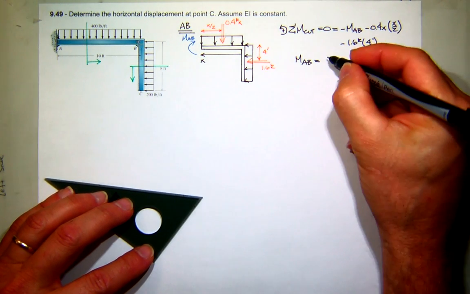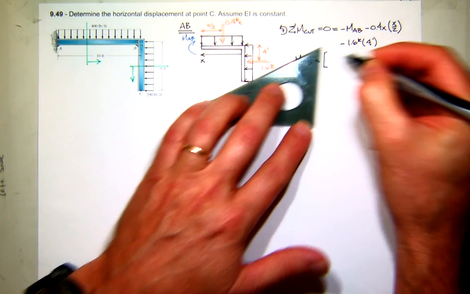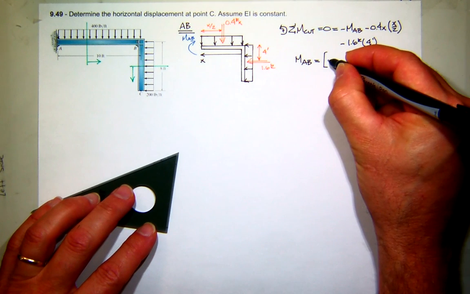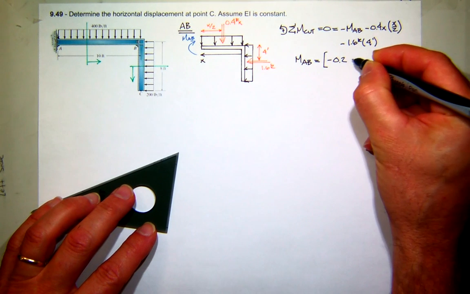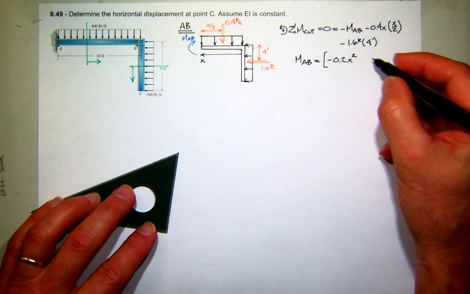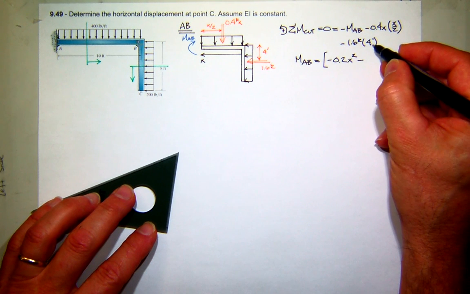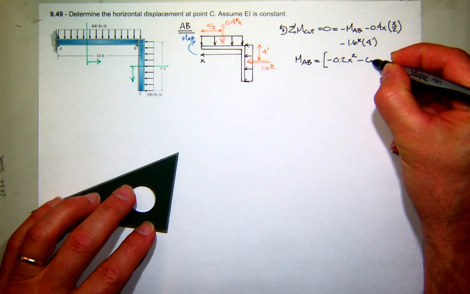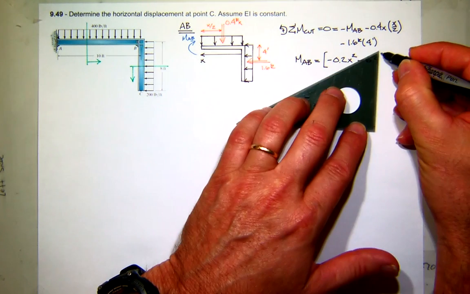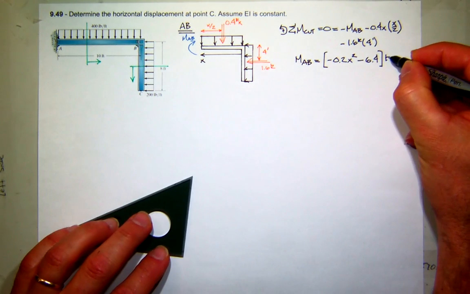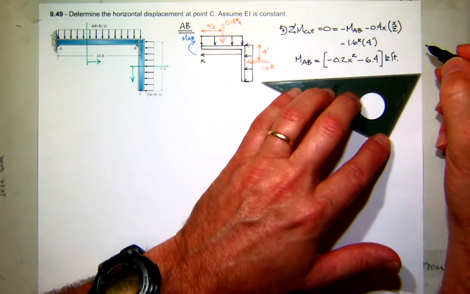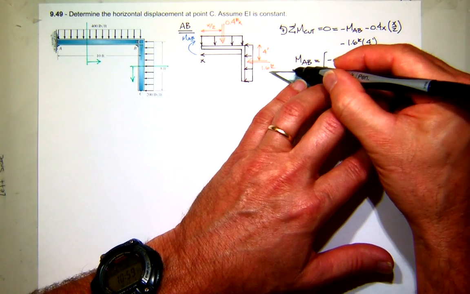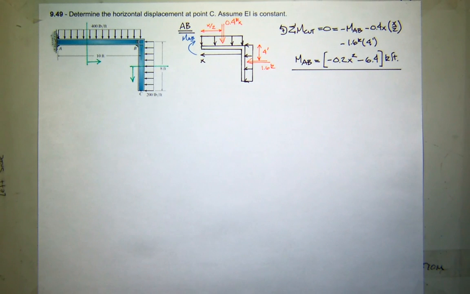It looks like that's going to be, I've got 0.4 divided by 2, which is negative 0.2x squared, minus, what's 1.6 times 4? 6.4? And that should have units of kips and feet. So there's my moment expression. Not too bad.